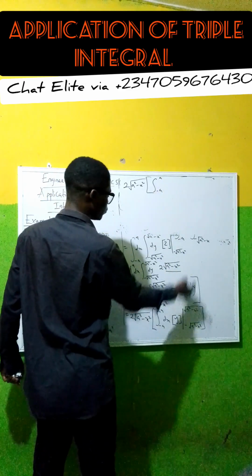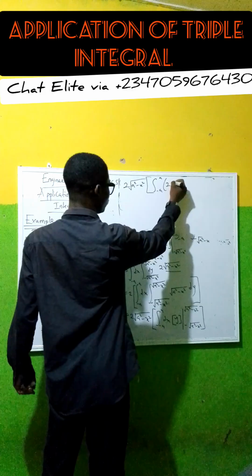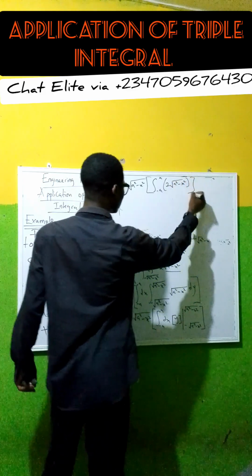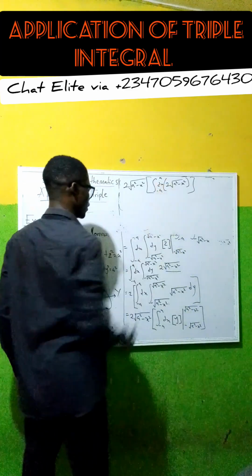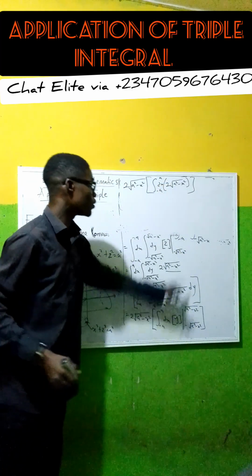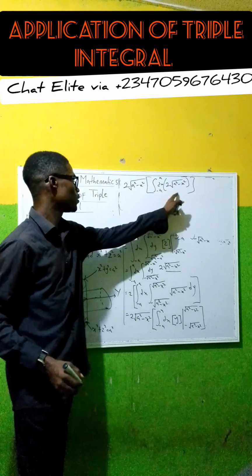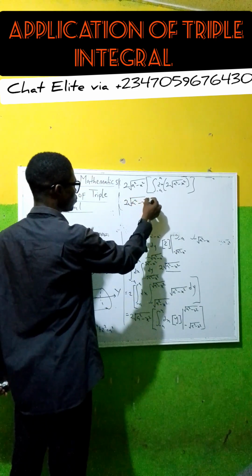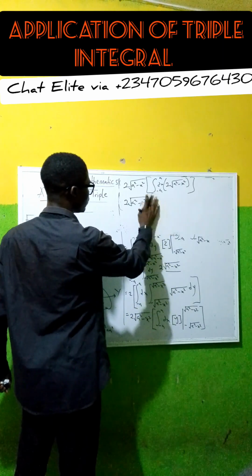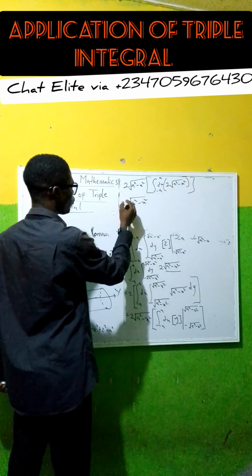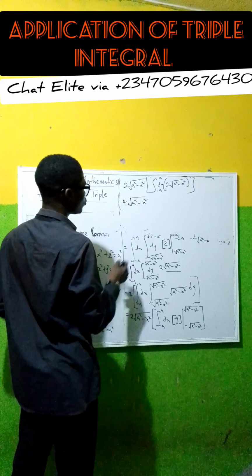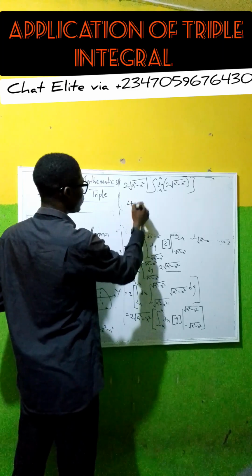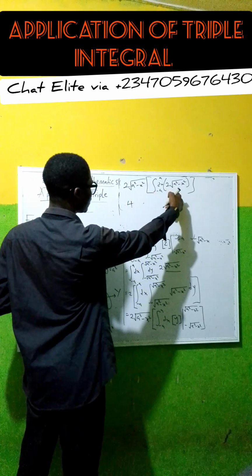This one is also going to give you 2 square root of a squared minus s squared. Then we are having the x here, don't forget. So we have already solved for this, so the value of the whole of this is this. So at this junction, we are having 2 square root of a squared minus s squared. Then, 2 times 2 is 4. Alright? So, we can now bring this one in. We can bring it inside back.